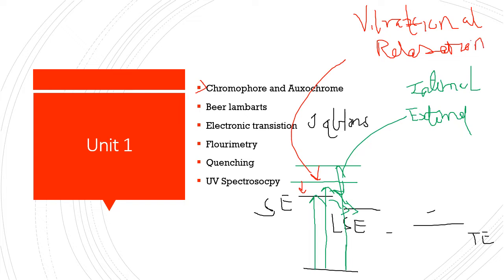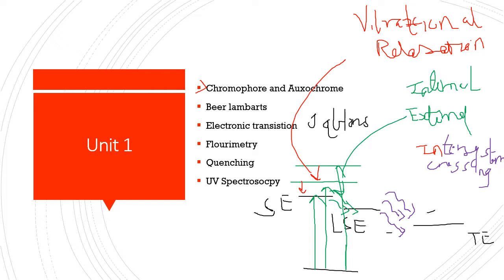The next that you have is inter-system crossing. This inter-system crossing is basically from singlet to triplet. So from the singlet excited state to the triplet excited state, there is inter-system crossing.